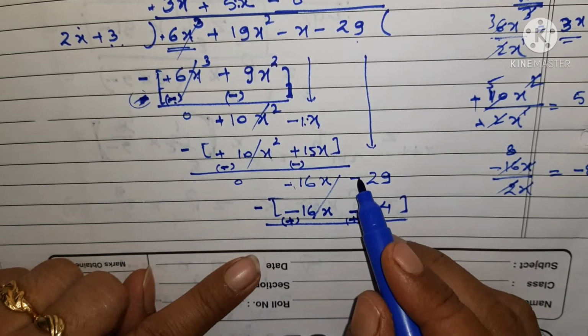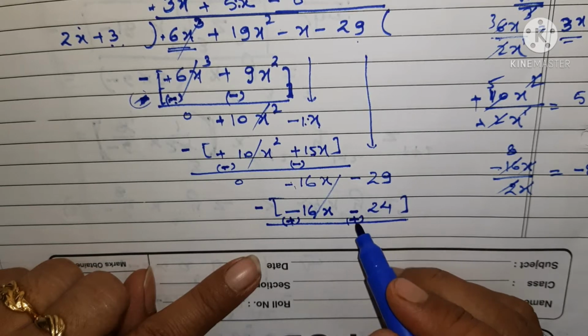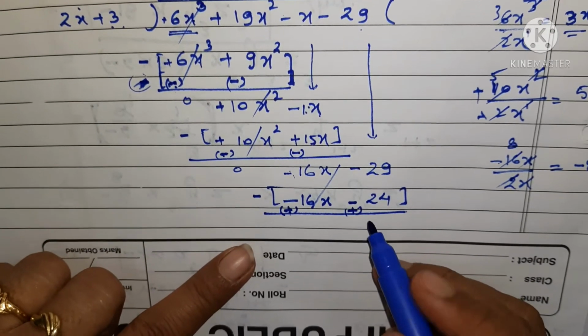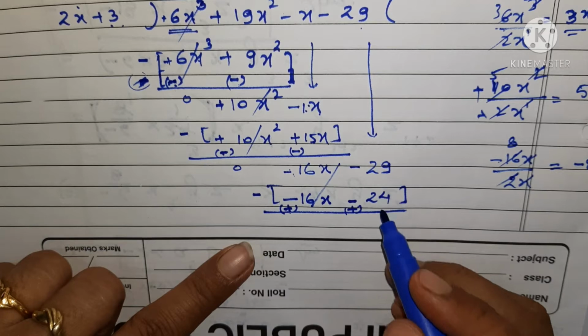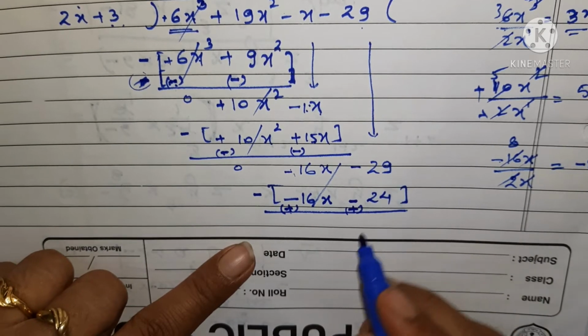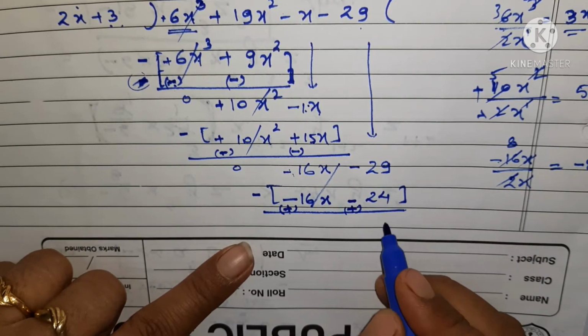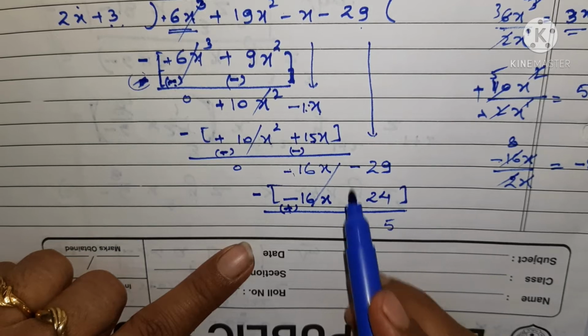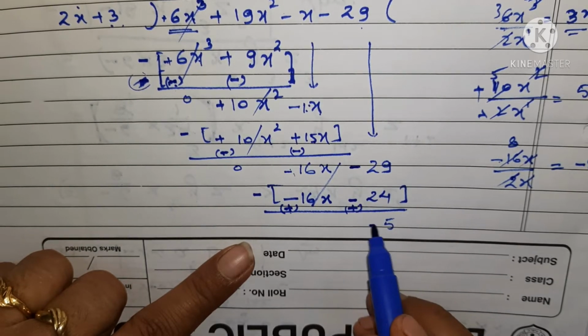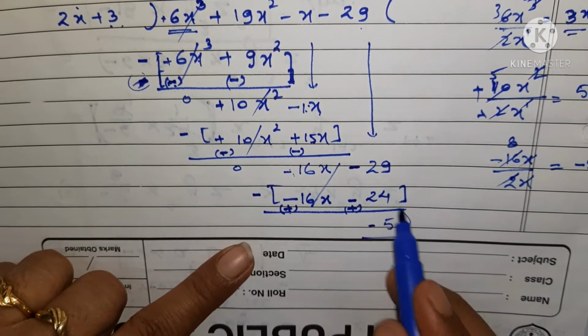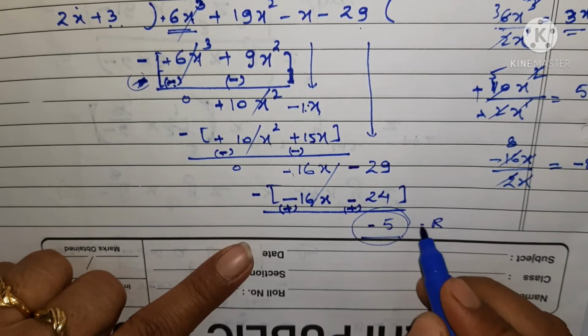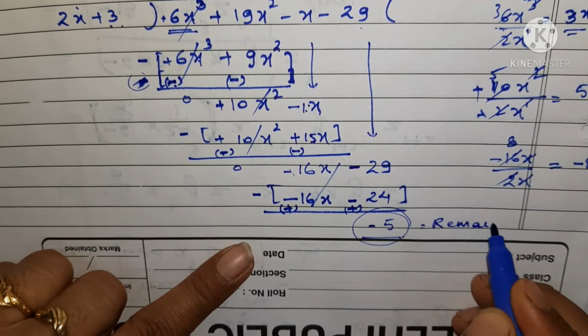Here you can see minus and plus. Yes, again also here both the signs are different, so you are going to subtract. So 29 minus 24 is going to give you 5. Which one is the bigger sign? This is the bigger sign, so you'll put minus. It means you are remaining with a remainder of minus 5.